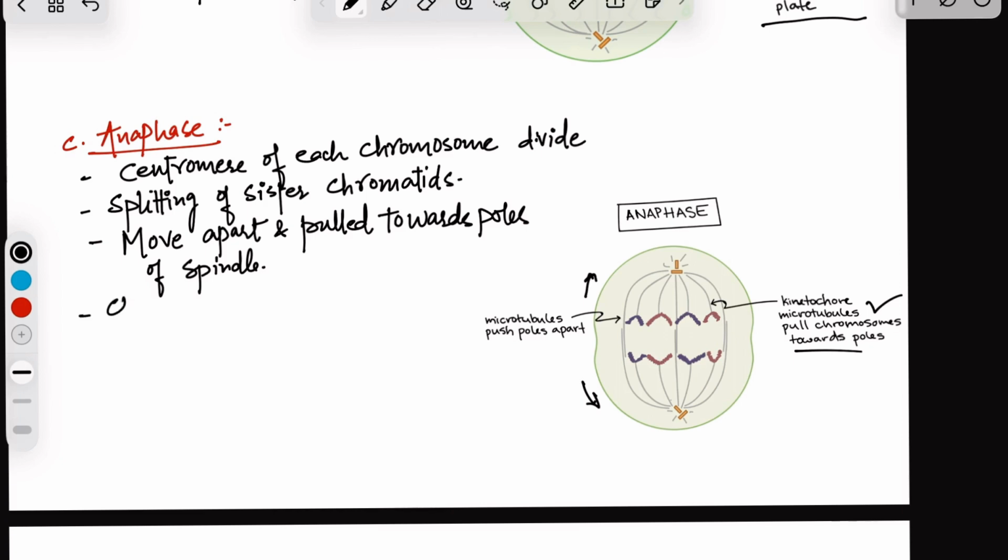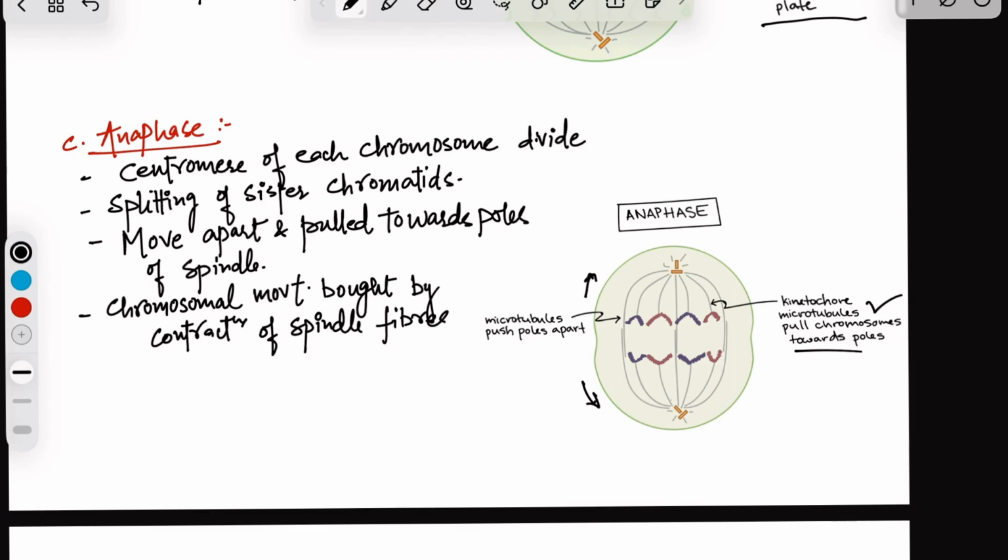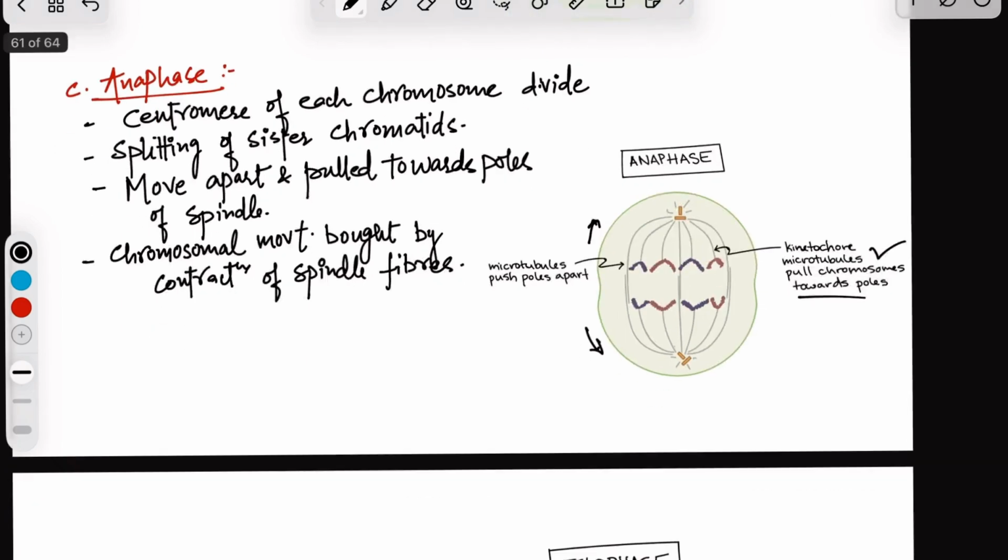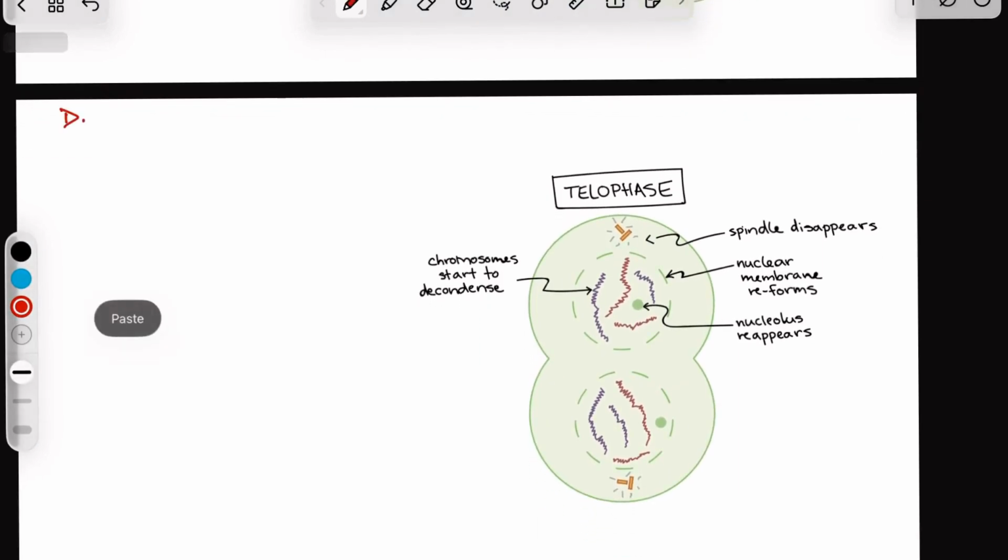Here you can see they are moving towards the poles. Chromosomal movement is brought about by contraction of spindle fibers. Here, centromeres are pulled towards poles and arms are dragged behind. In this diagram, you can see that arms are towards the equator and centromeres are towards the poles.